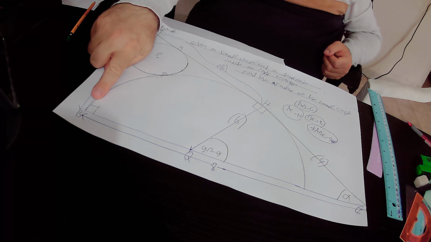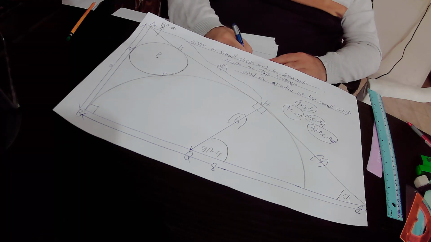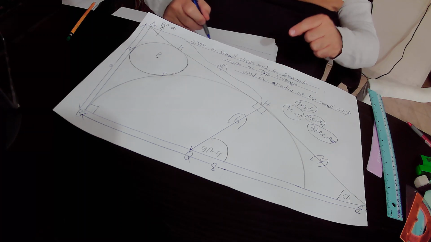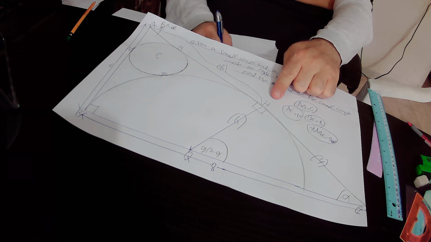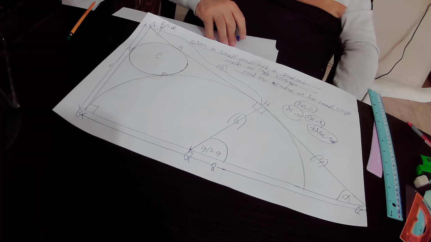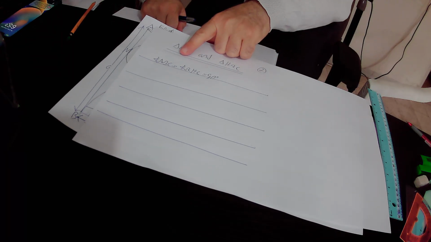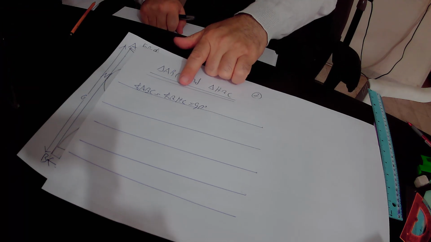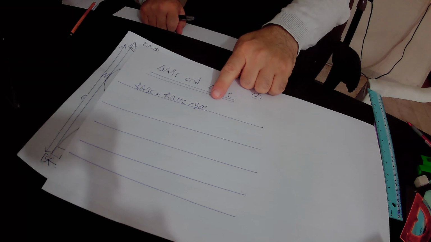So this is angle ABC in the big right triangle ABC, and it is equal to angle QHC in the small right triangle QHC. Repeat again: angle ABC in the big right triangle ABC equals angle QHC in the small right triangle HQC. They are both equal to 90 degrees, therefore they are equal to each other.